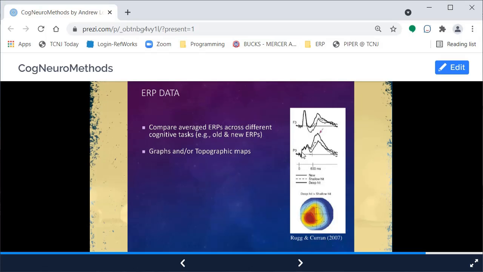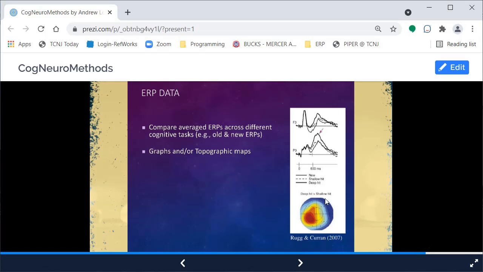For the first part of this, what's called an epoch or time portion, there's not much of a difference in the conditions, but we see memory-related differences start to emerge, at least in this case, right around 400 milliseconds or so, and it continues till about maybe 800 milliseconds.